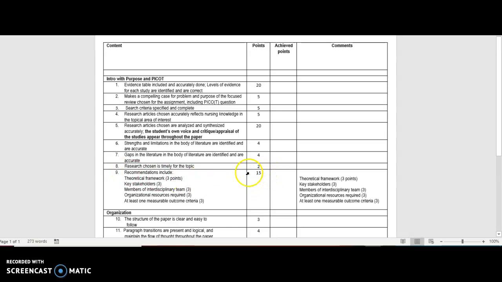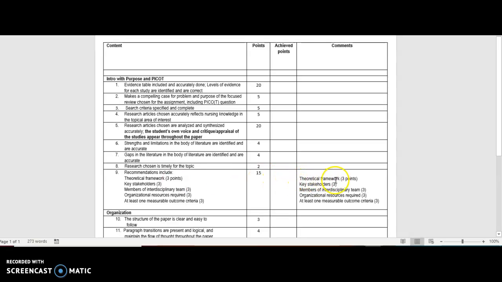But your next big area of points is down here, and it says recommendations include a theoretical framework, key stakeholders, members of the interdisciplinary team, organizational resources required, and at least one measurable outcome criteria. So make sure that in your paper you are using these words so that I can find where you're addressing them.